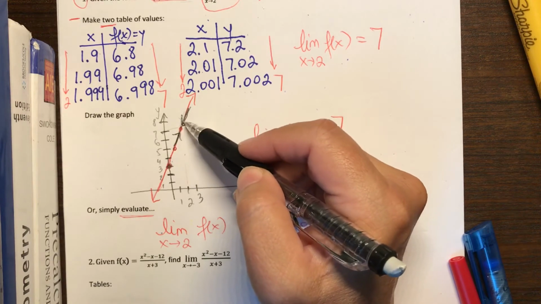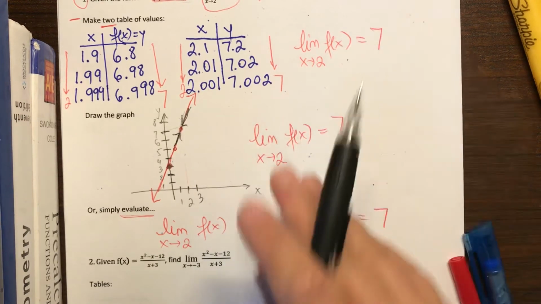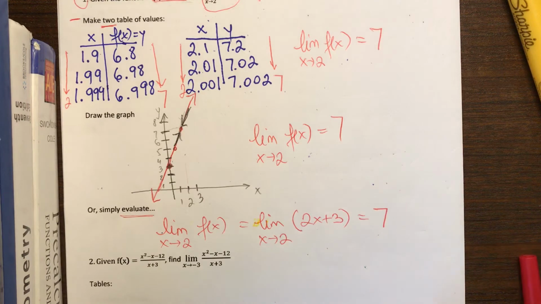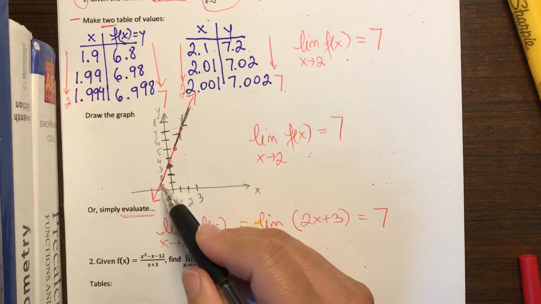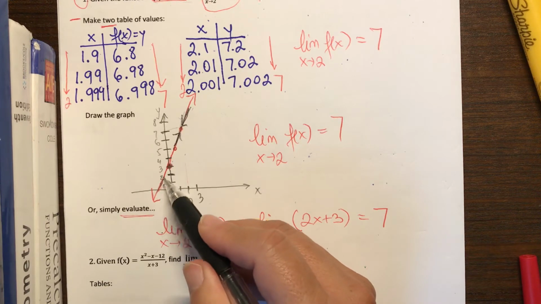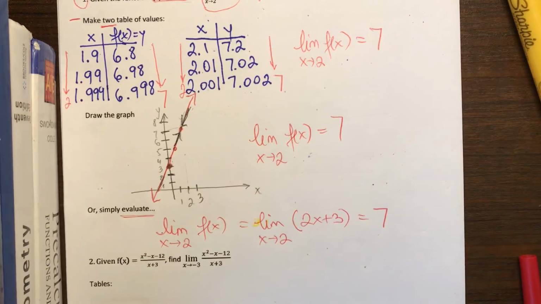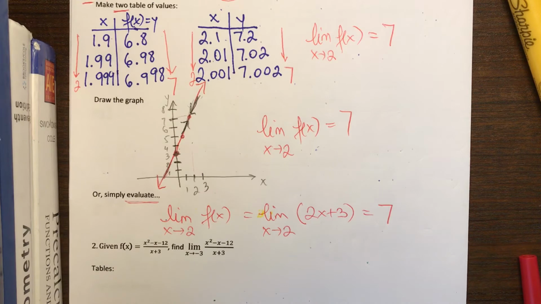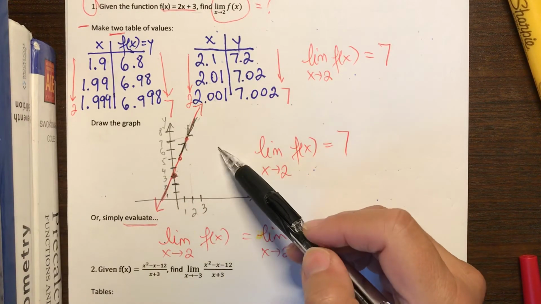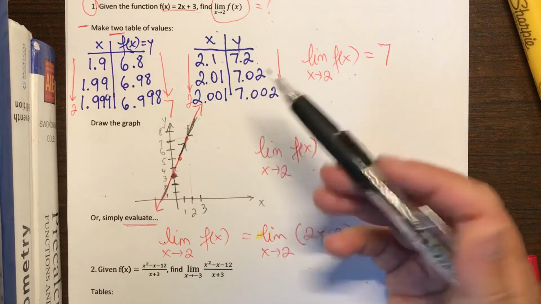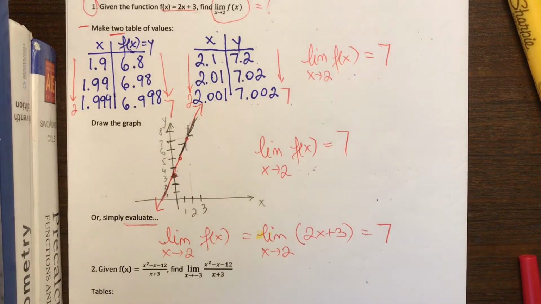If it goes through what's near it, there's no hole, no gaps, then what happens near any point on this graph is what happens at the point itself, yes? So it goes right through. So we'll just be able to evaluate. As you will see in the next page, these are great tools if we cannot simply plug in the value, okay?